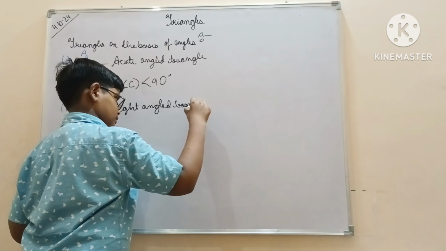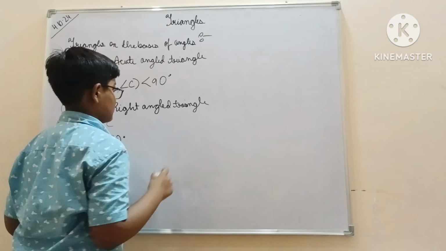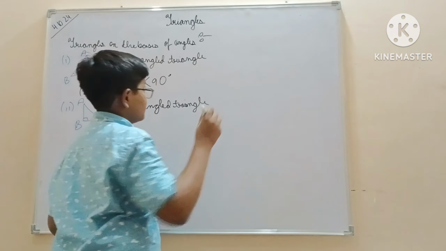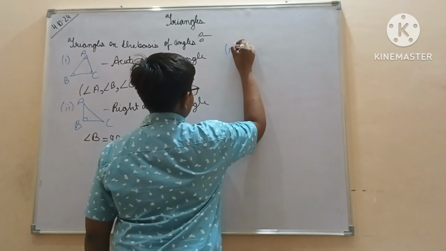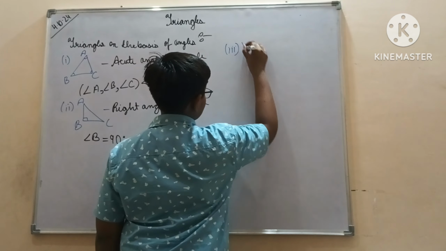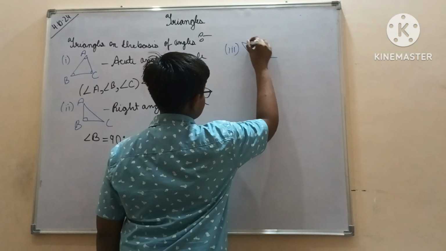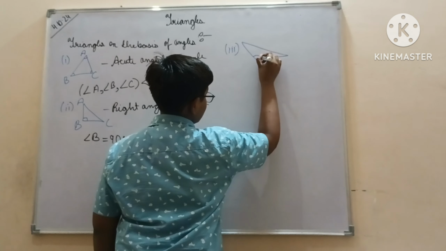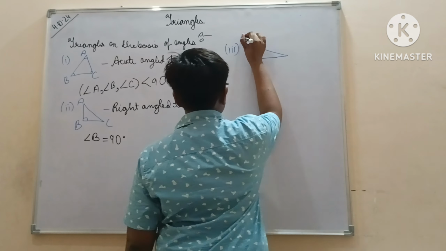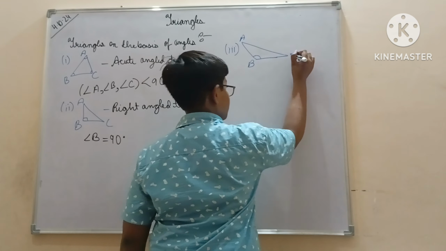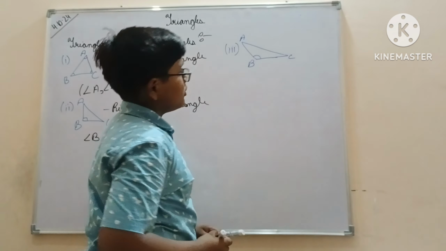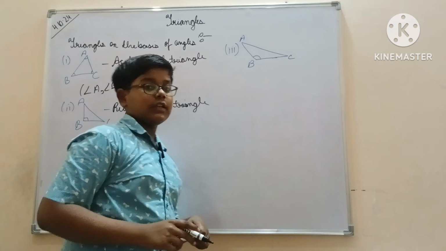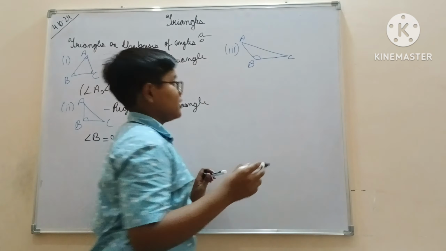Now our third type of triangle is the obtuse angle triangle. First we will mark A, B, and C. In an obtuse angle triangle, one angle of the triangle is greater than 90 degrees.